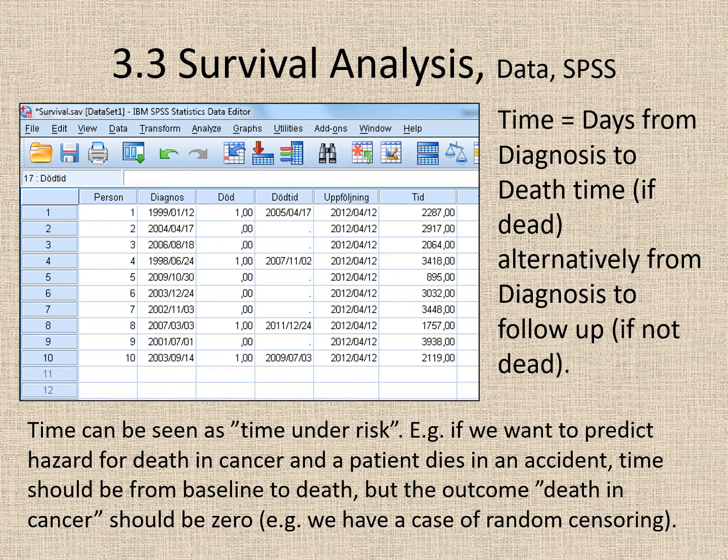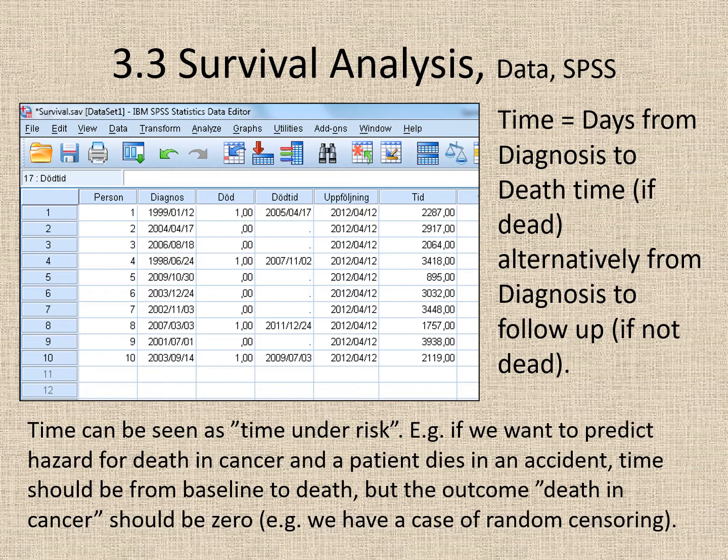And it will be number of days in this case from diagnosis until death for those who have died. Time under risk. After they have died, the risk period ends. And for those who have not died, the time variable gives the number of days from the diagnosis until the end of the follow-up period.